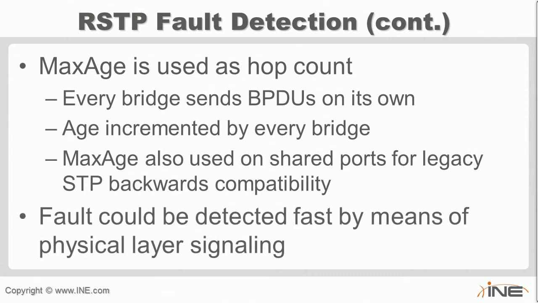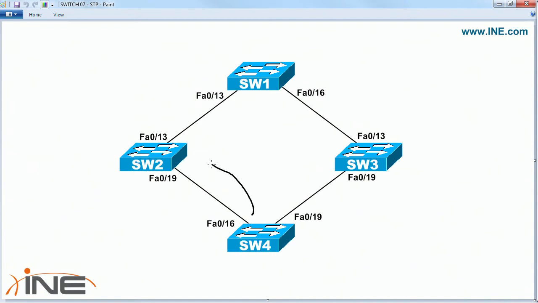The other key point here is that when a physical link goes down, the switch is automatically going to start to reconverge. In the previous case, when we were looking at the links between switch 4 and switch 2, and then switch 4 and switch 3, we had the situation where switch 4 was saying this was my root port to get up to switch 1, which was the root.